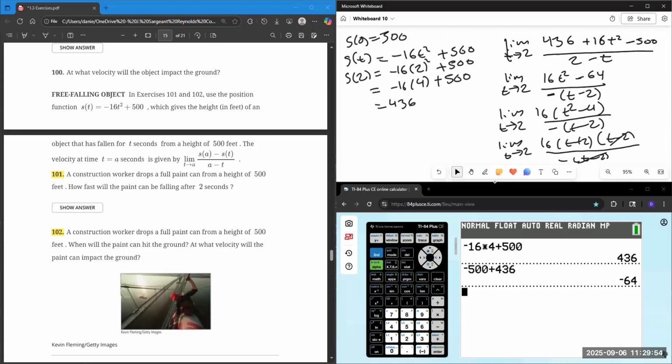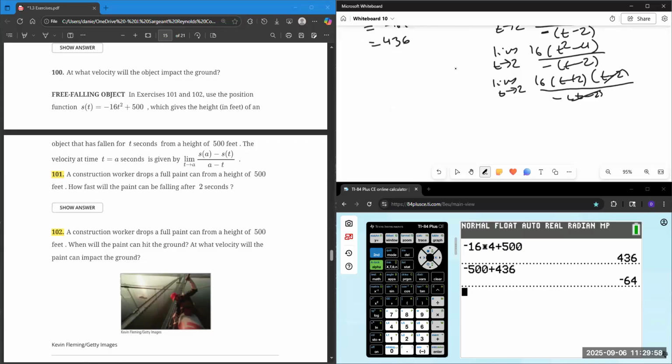The t minus 2's will cancel, and that gives me a limit as t goes to 2 of negative 16 times (t plus 2), which is negative 16 times 2 plus 2, and negative 16 times 4 is a negative 64. And that's going to be in feet per second.